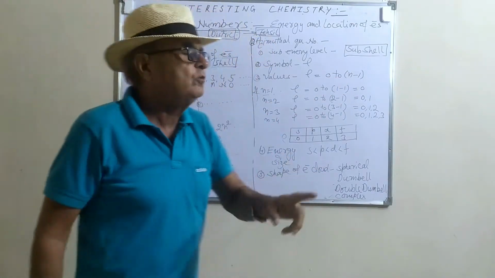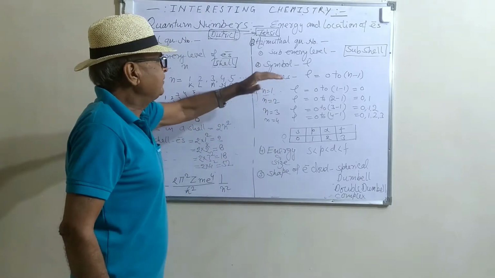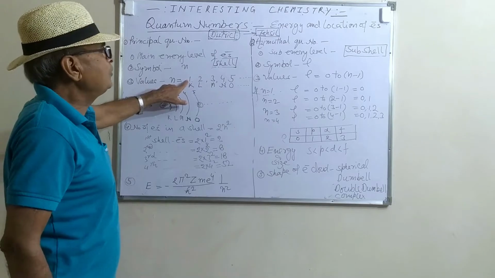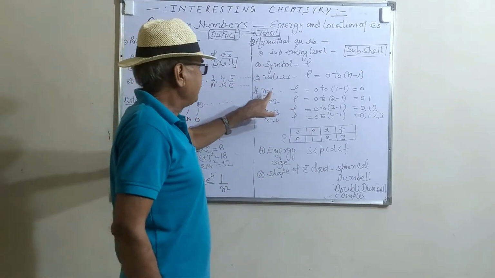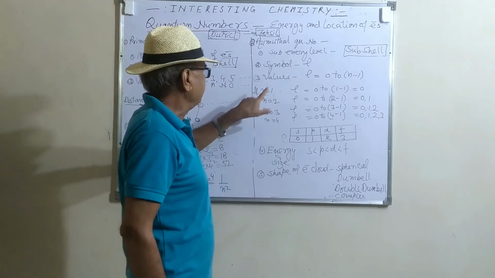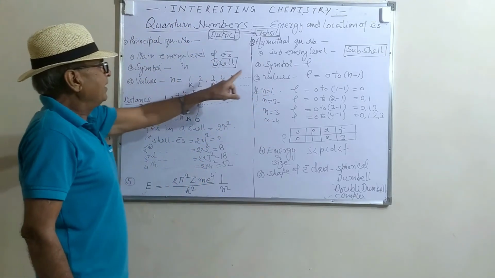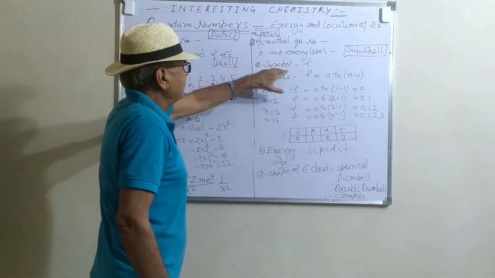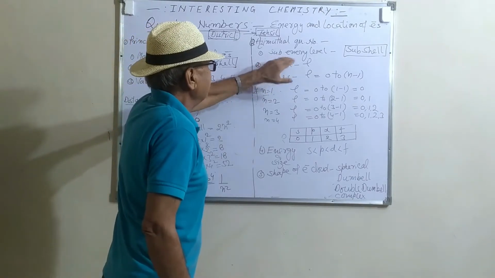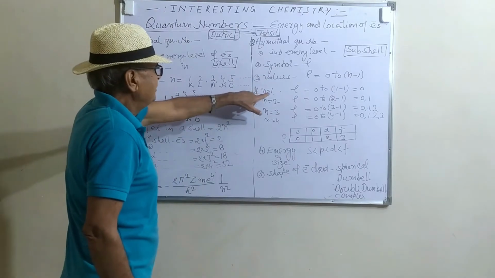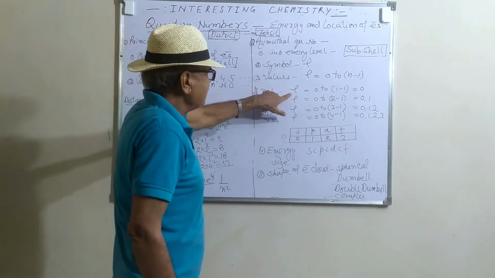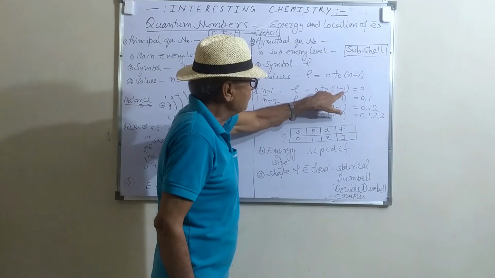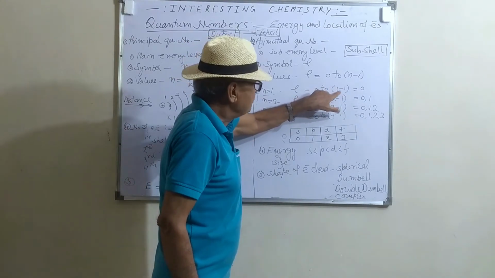If you want to calculate the subshells in the first shell or the first orbit, you will write n. If n is equal to 1, you are going to find the number of subshells in the first shell. So L is equal to 0 to n minus 1, that is 1 minus 1, 0 to 0.